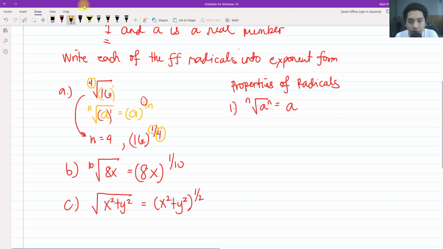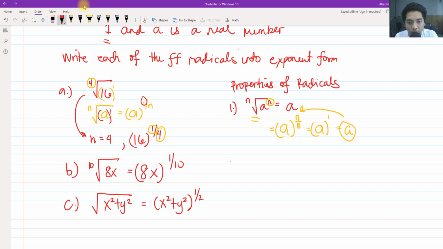The proof of that is that if we convert this into exponential, this would be a raised to n, because this is raised to n, all over n. n over n is simply a raised to 1, and a raised to 1 is simply a, so that we get this property. That is property number 1.